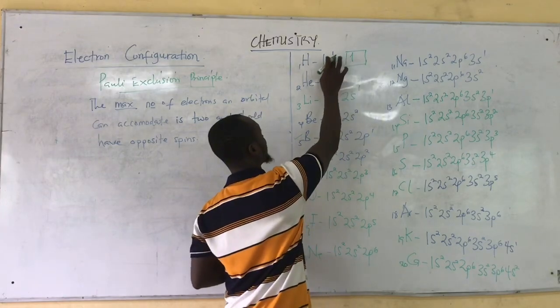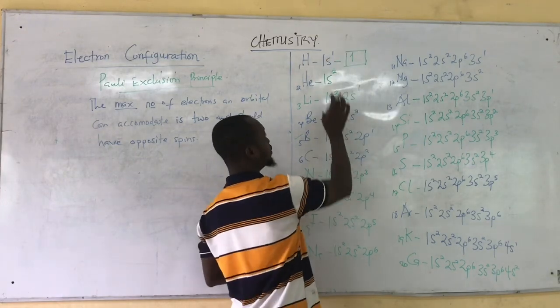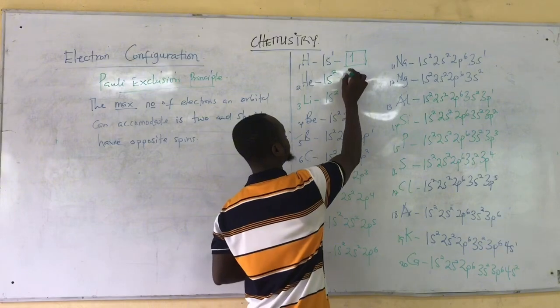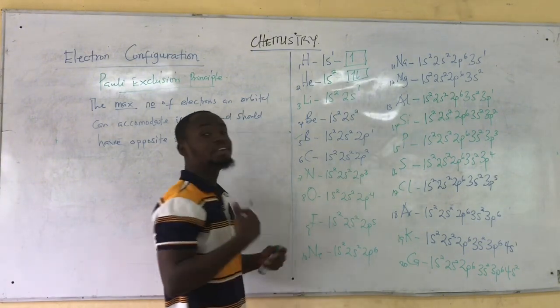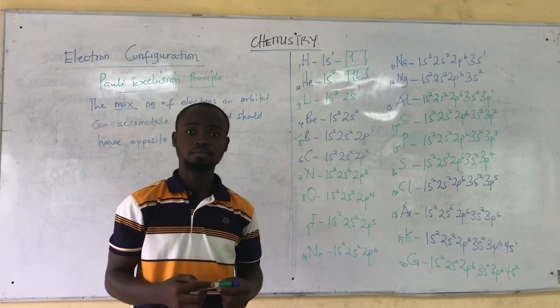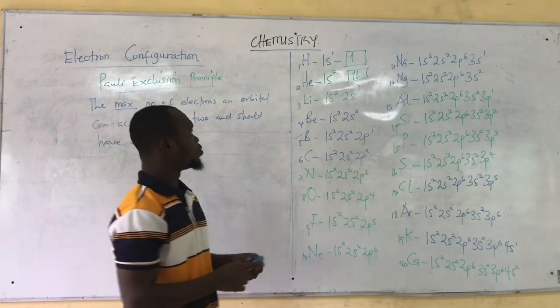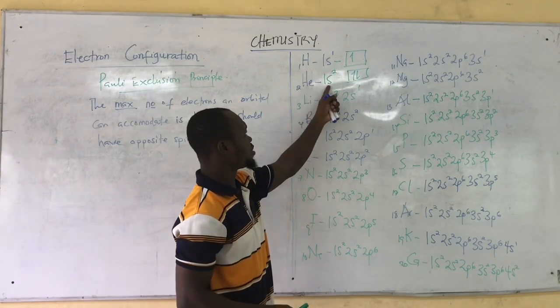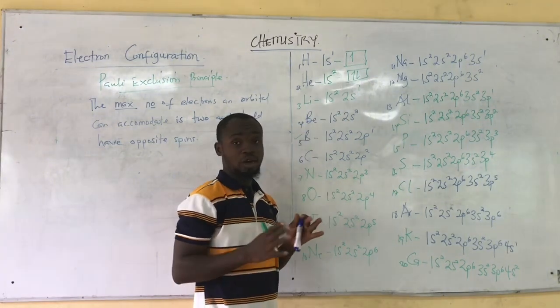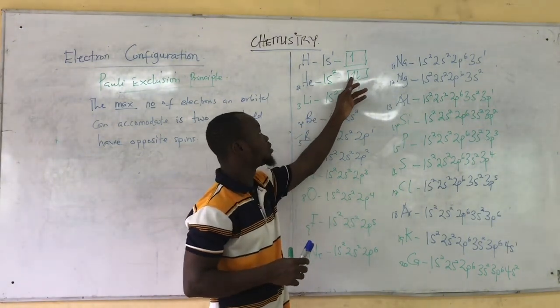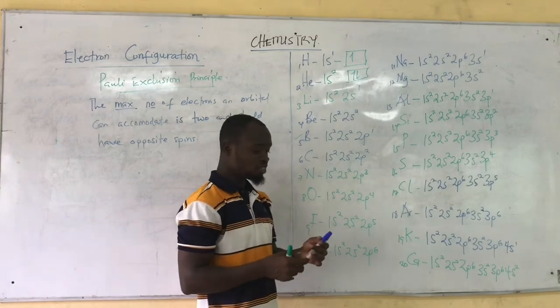Since it's only 1 electron, we indicate only 1 spin. For helium, we should indicate its spin. In the helium configuration, you have the 1s2. That is alright according to Pauli, but we should indicate the spin as well.